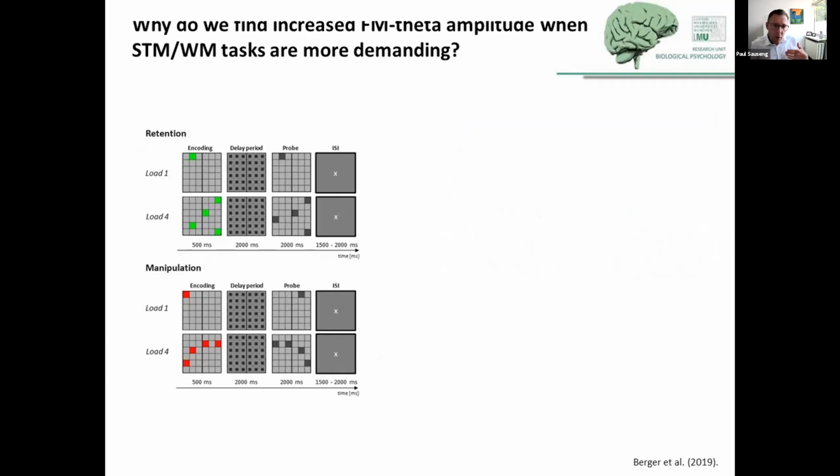So we wanted to follow up on this idea, whether this frontal midline theta activity in visual working memory with different complexity is associated with this kind of interregional coupling of slow frequencies and fast frequencies in a different brain area.